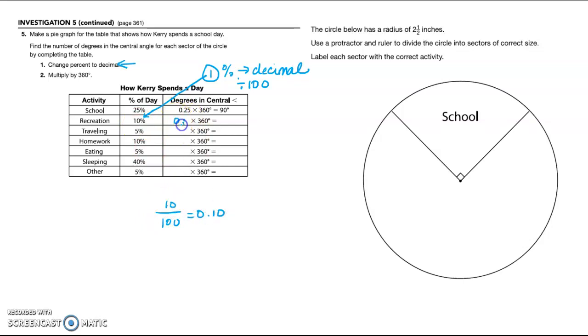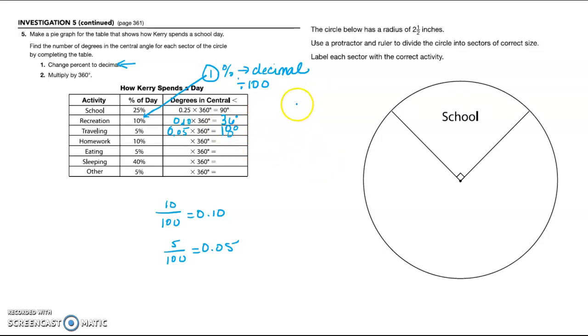You can see I'm not multiplying it. 5 divided by 100 is 0.05. Okay, then I'm going to need to multiply by 360 to figure out what the degrees of the central angle is going to be. So let's see, 0.1 times 360 is 36 degrees, and 0.05 times 360 is half of that, 18 degrees.